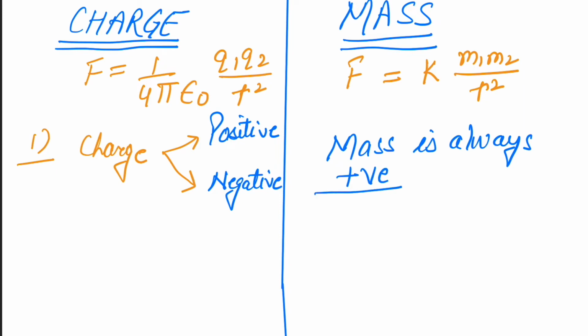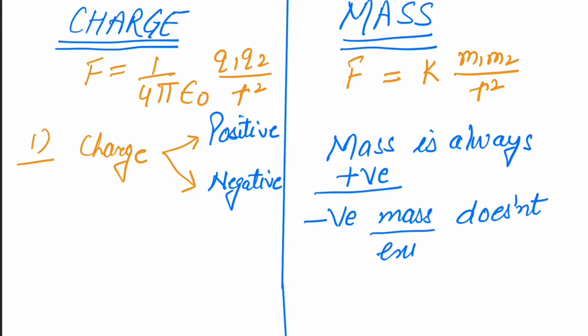Mass is always positive. Negative mass doesn't exist. There is no term like negative mass.